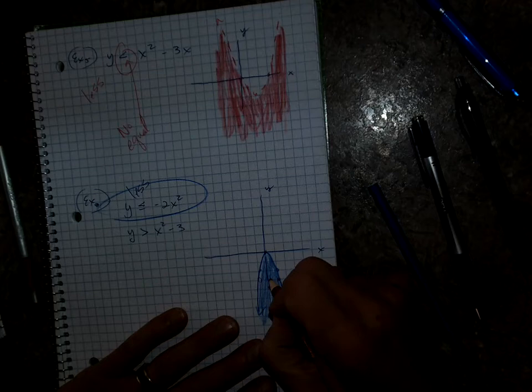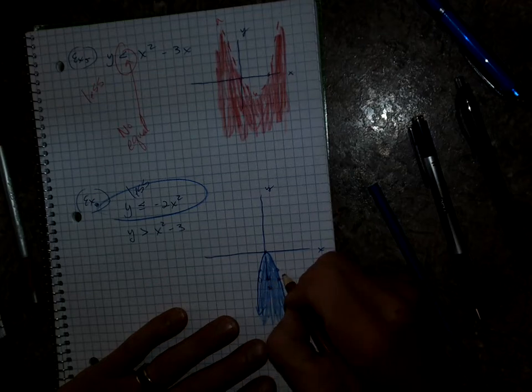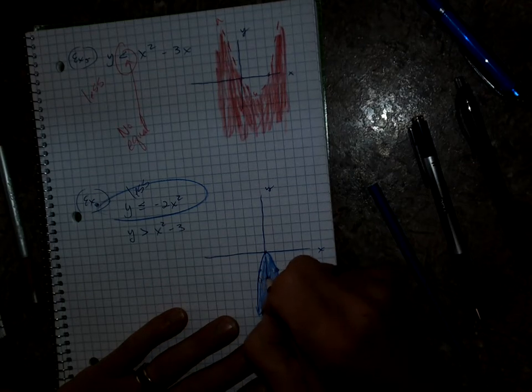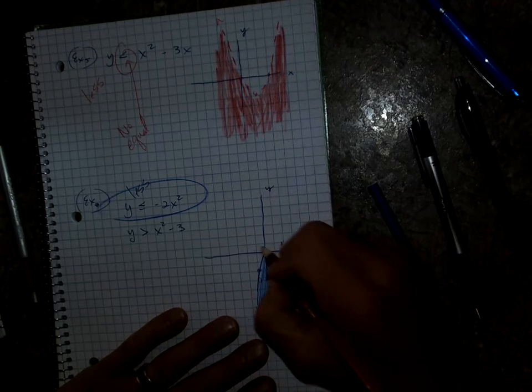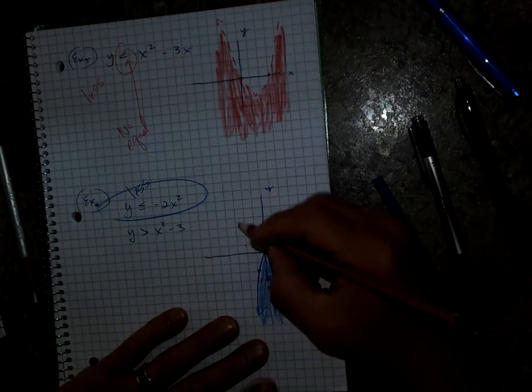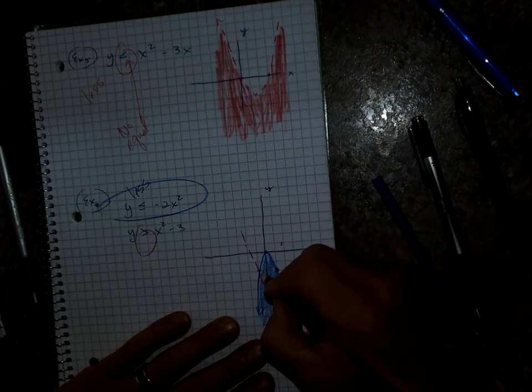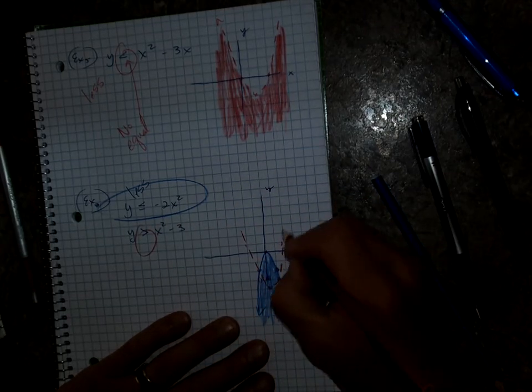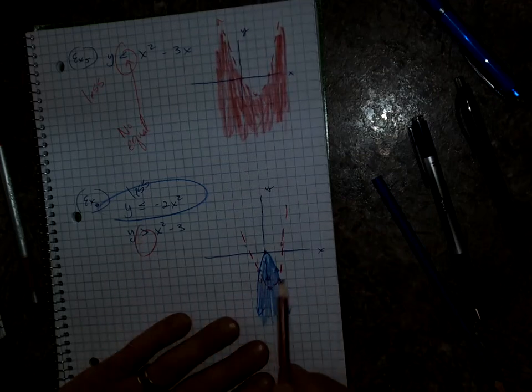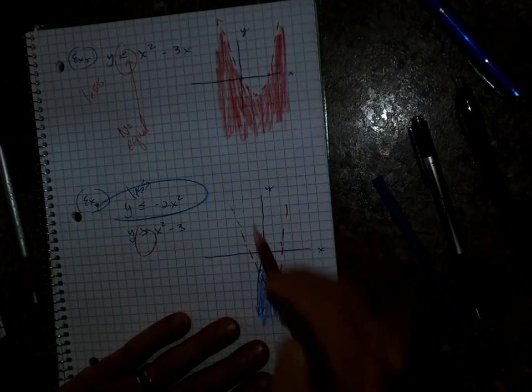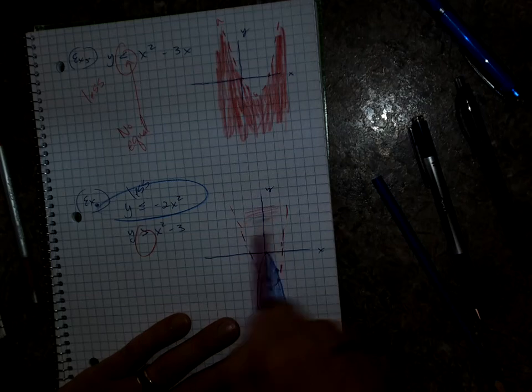Oh, I'm not at negative 3. There's negative 3. Almost made a mistake. Hate it when I do that. Oh, it's all good. And this one's going to be dashed because there's no equal sign. And since it's greater than, it's everything above the parabola, which is all of this.